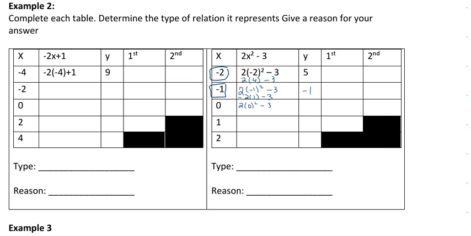Take away 3, that's negative 3. Then 2 times 1 squared minus 3. 1 squared is 1. Times 2, that's 2. 2 minus 3 is negative 1. And the last one is 2 times 2 squared minus 3. 2 squared is 4. 2 times 4 is 8. 8 take away 3, that is 5.